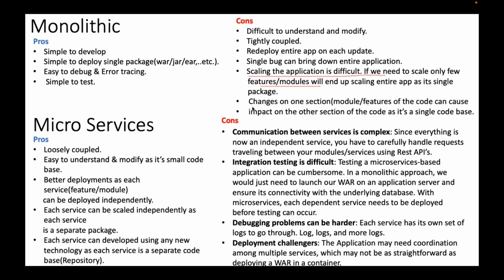So changes in one feature, one module can cause impact on the other feature because the code is the same, a single code base. Knowingly or unknowingly, it will impact other modules. So this was the traditional approach people used to follow.